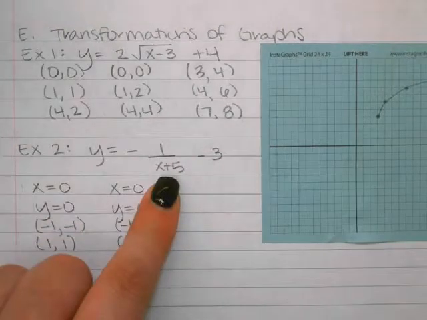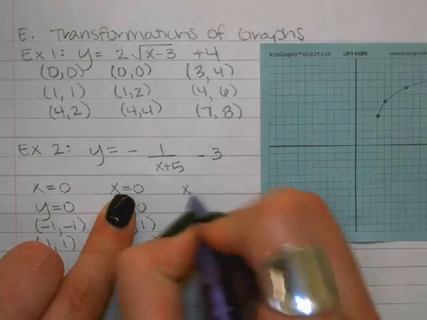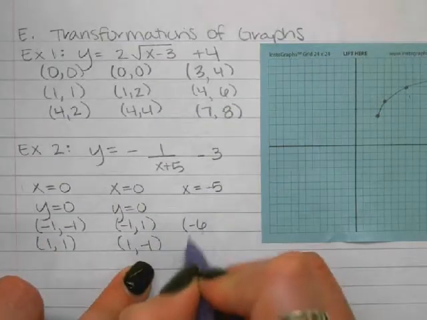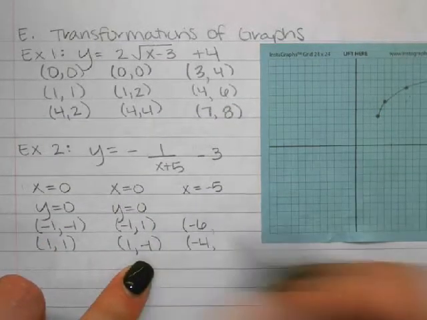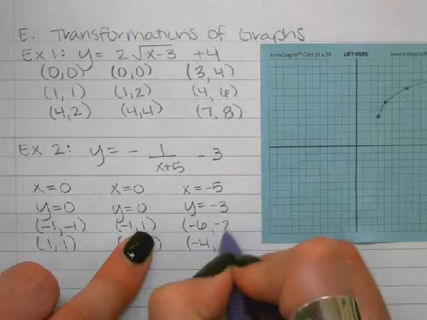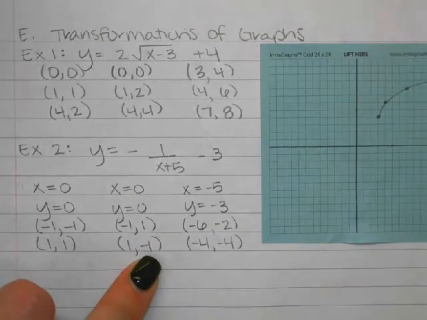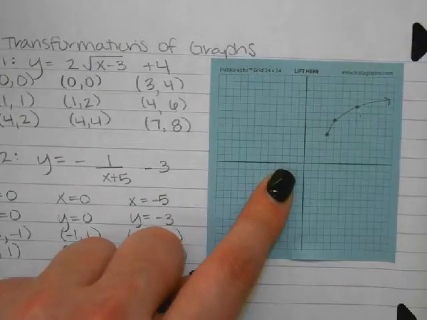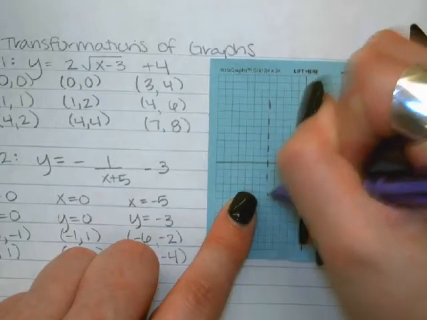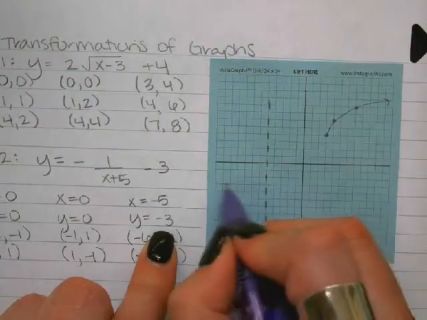All right, and then I can do left 5, down 3. I'm going to draw this one on here so I don't have to grab another sticky. So vertical asymptote at -5, horizontal asymptote at -3.